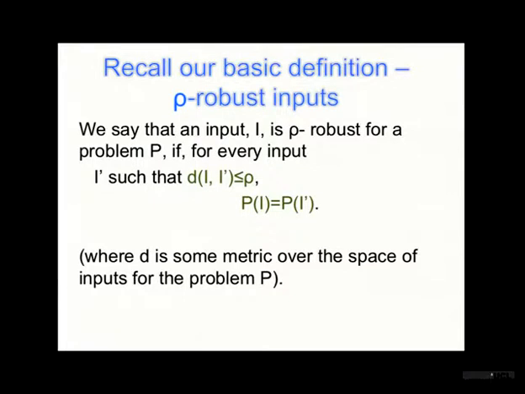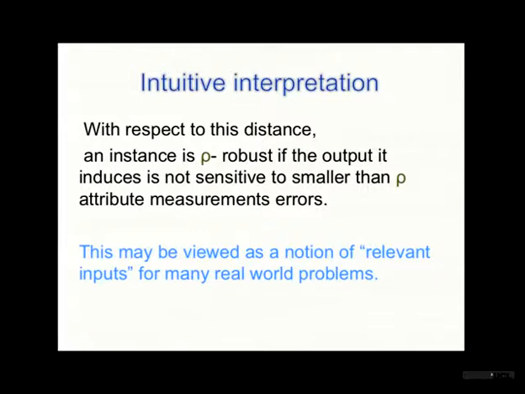Okay, so just recall our definition: an instance is robust if for every other instance at a small distance, they have the same answer. So the interpretation with this notion is that, with respect to the distance we just defined, an instance is robust if and only if the output is not sensitive to smaller than rho attribute measurement errors.